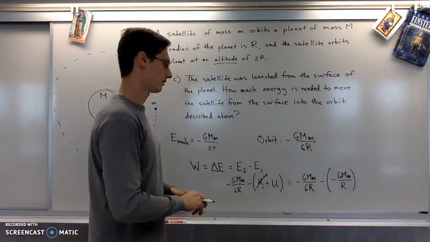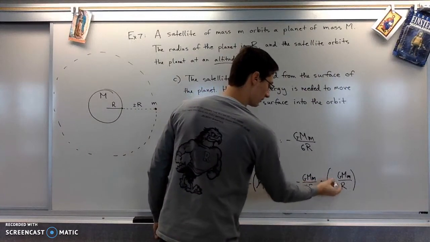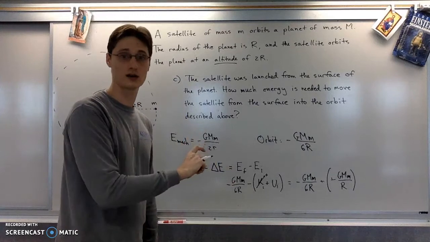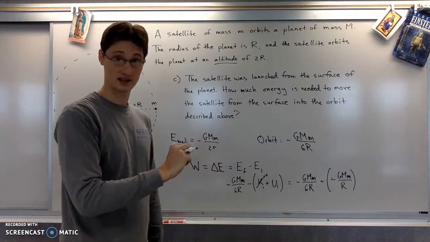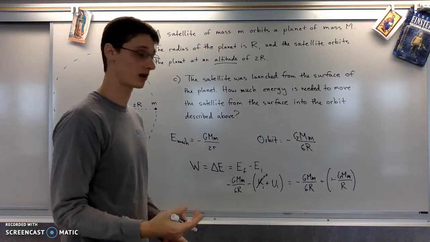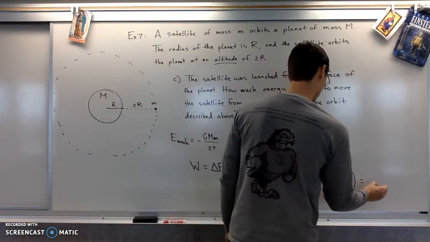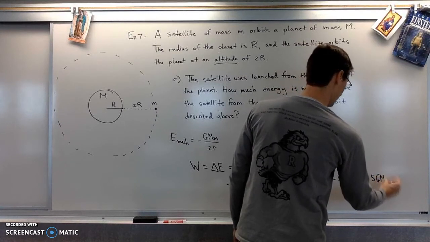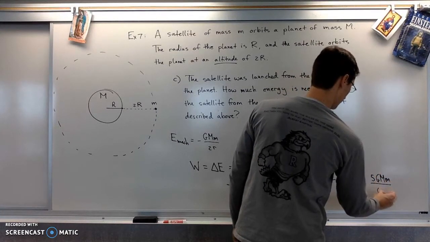Minus a negative is plus a positive. So basically it's going to end up being GMm over R minus 1/6 GMm over R, which is going to be 5 GMm over 6R.